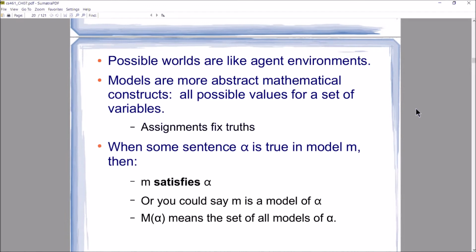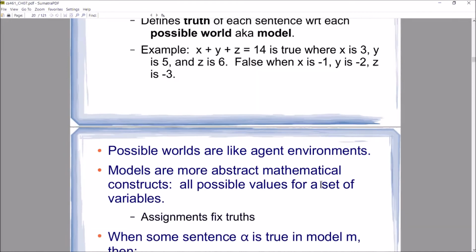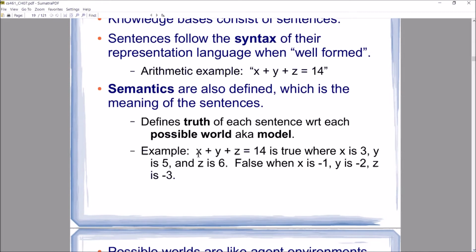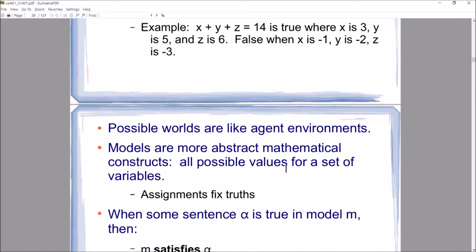Or then you also can have this function notation where we have M and it looks like we're passing alpha as an argument to function M. So that means the set of all models of alpha. So in the previous example, when I was saying one possible assignment of values to x, y, and z was 0, 1, and 13, another was -1, -2, -3, another was 3, 5, 6.